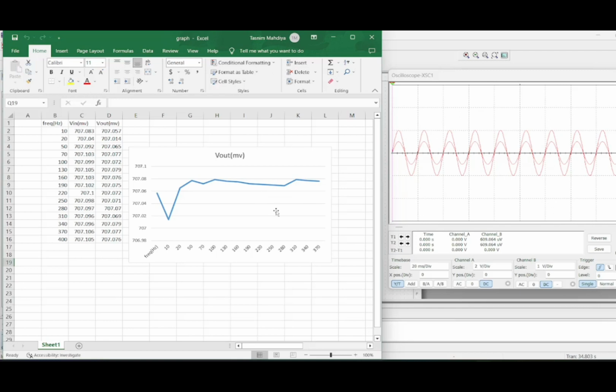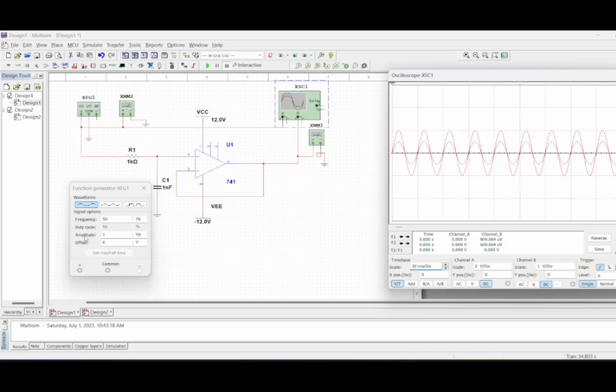Based on the observation, we can conclude that the waveform we have observed in Multisim represents the characteristic of a low-pass filter. The filter allows low frequency signals such as our 50 Hz input to pass through with minimal attenuation, while attenuating higher frequency components as expected.